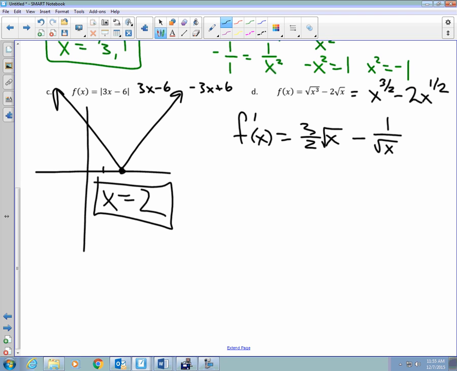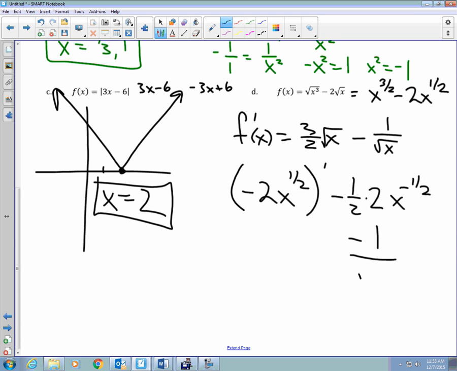So therefore, I drop it to the denominator. So negative 2x to the 1 half. Bring the 1 half in front. So when you take the derivative, negative 1 half times 2, x to the negative 1 half. So that gives me a negative 1 and x to the negative 1 half, square root of x.